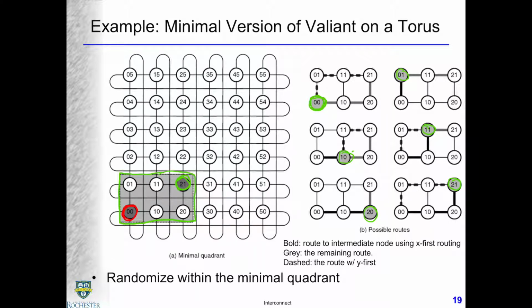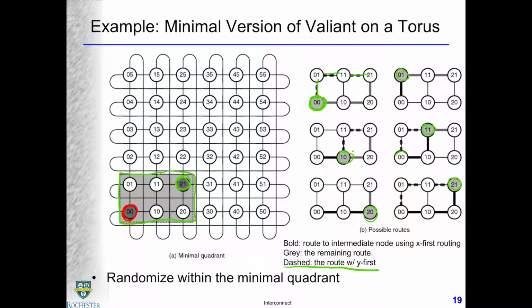And let's, for the sake of example, assume that the dashed is choosing Y direction first. So then the choice from 0,0 to 2,1 would be following this route, Y first, and then finish up in the X direction. You can finish all of this, but we'll take maybe one more example.